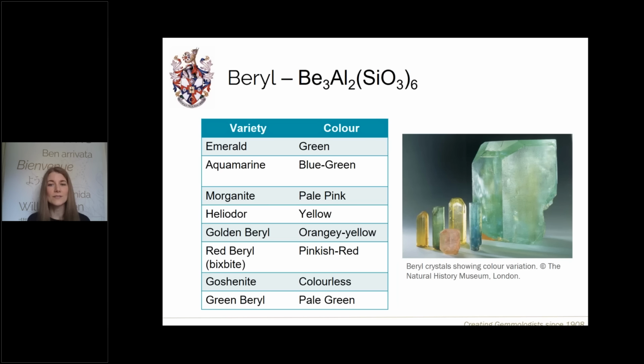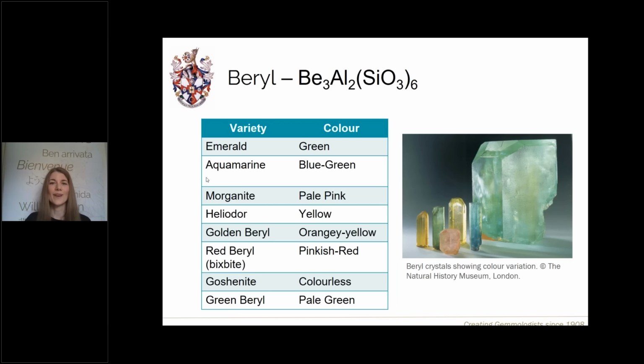These are crystals of natural beryls, and they have green and yellow and blue and pink. And you can see on this list that some of the varieties of beryl you probably recognize, like emerald, for instance, or aquamarine. And we distinguish the beryl varieties by their colors mainly.